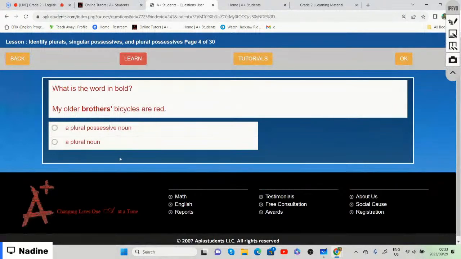And the apostrophe is after the S, right? Remember we said that if the apostrophe is after the S, after the word that is plural, then it is a plural possessive noun.